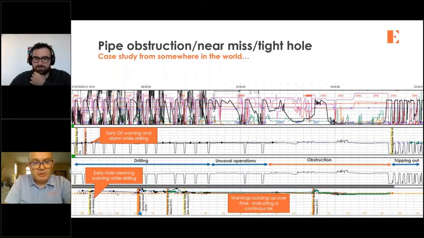At the same time, some hole cleaning alarms and warnings were raised. That was drilling. Then there were some unusual operations that we don't even understand what they were doing here. And then they got obstructed. So it was not a full stuck pipe, but it was some kind of obstruction that they struggled with to get the pipe out.